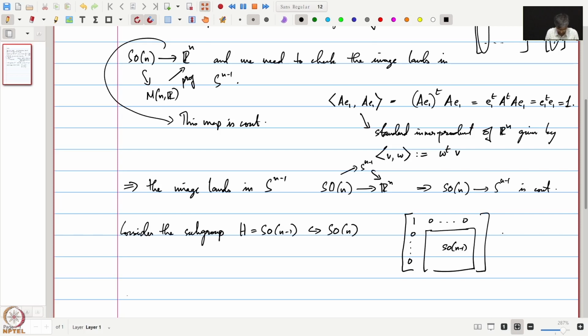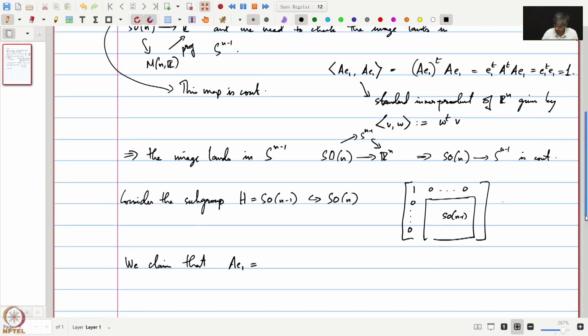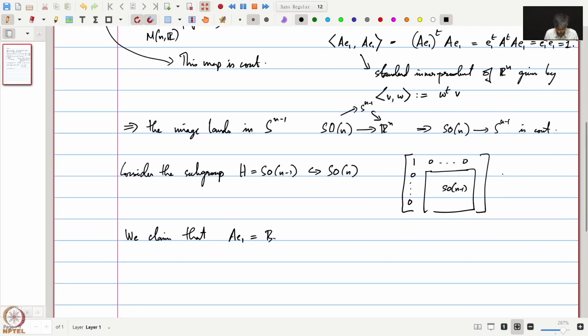So we claim that AE1 is equal to BE1. If we call this map phi, what we are saying is phi of A is equal to phi of B if and only if B inverse A is in H.